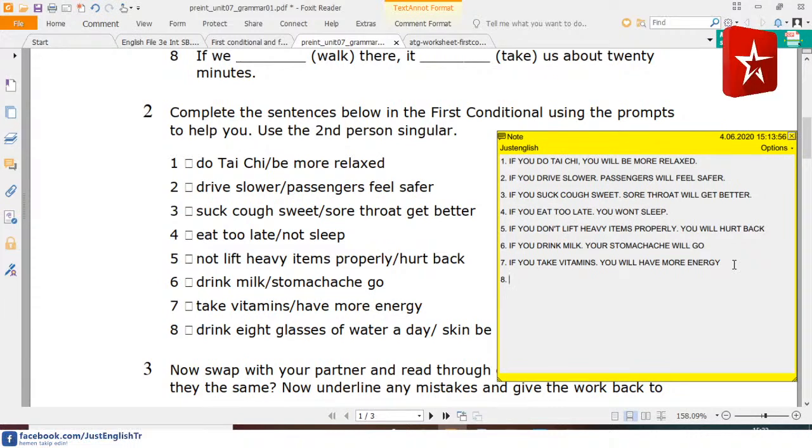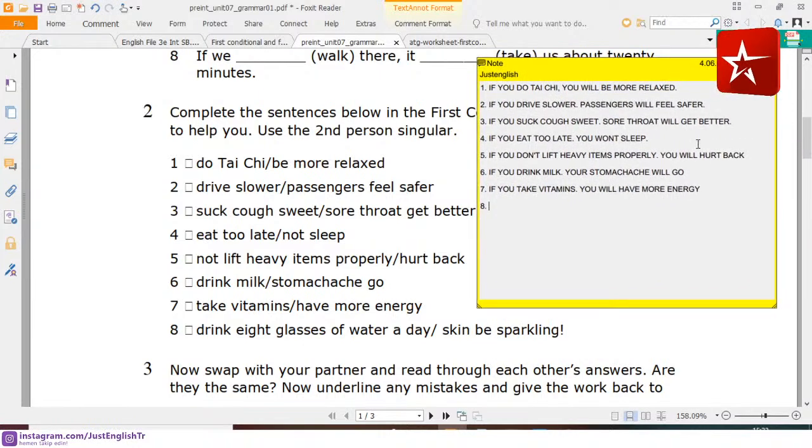Drink 8 glasses of water a day, skin be sparkling. Yes, Gulsafa and Tuko, I got their answers to this question, and then I will check them if they are correct or not.